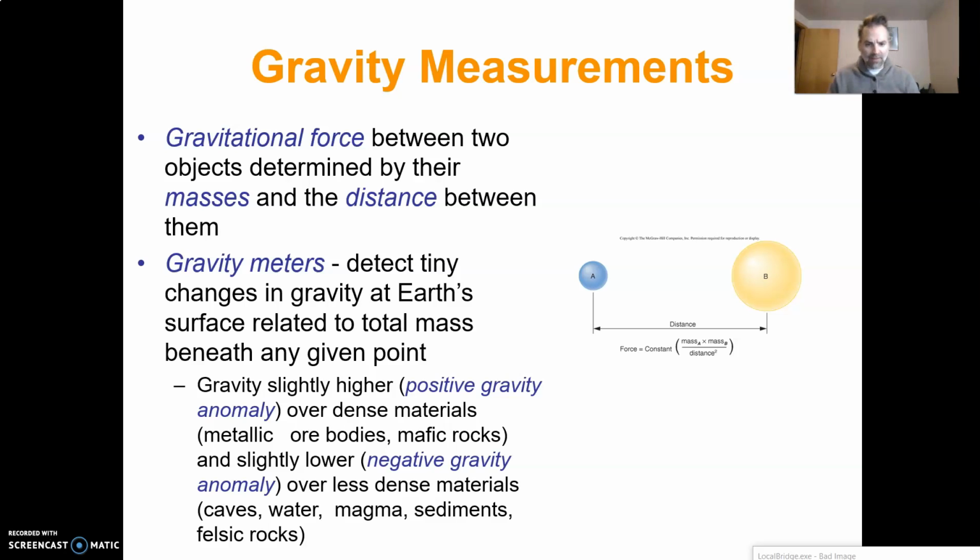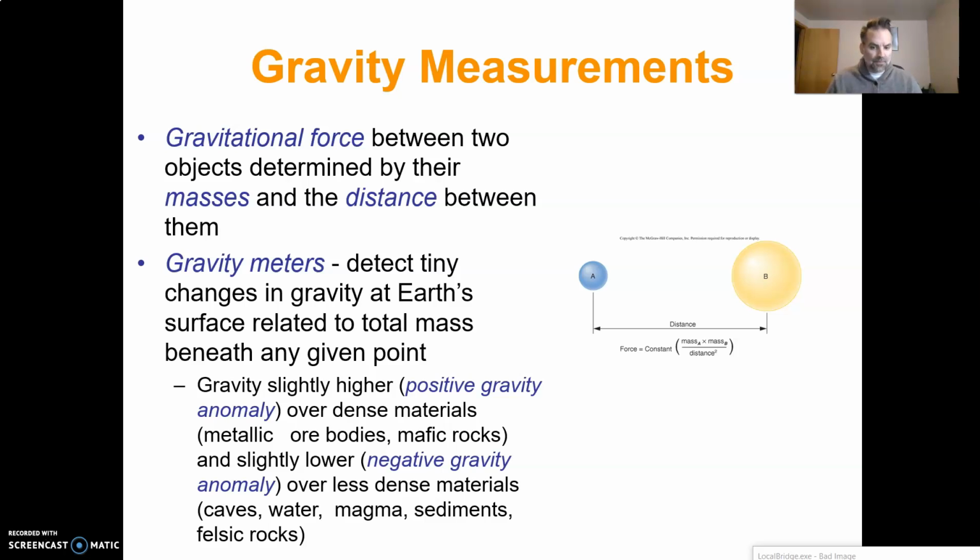So there are gravity meters, an instrument that we can place on the Earth's surface, and it detects tiny changes in gravity at one point.